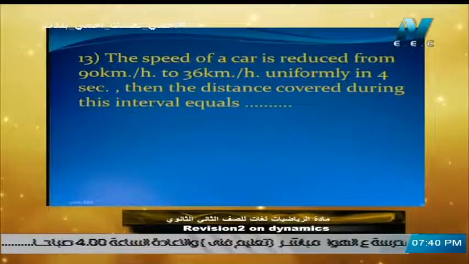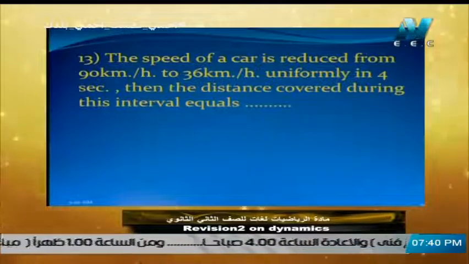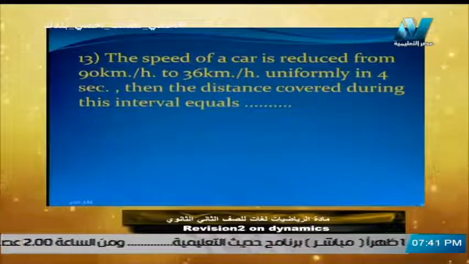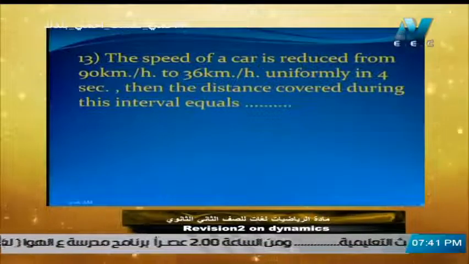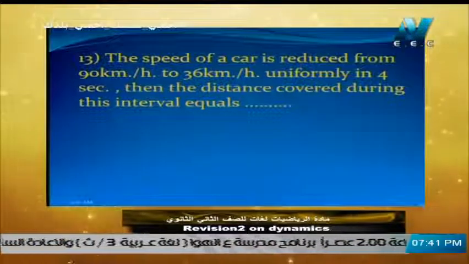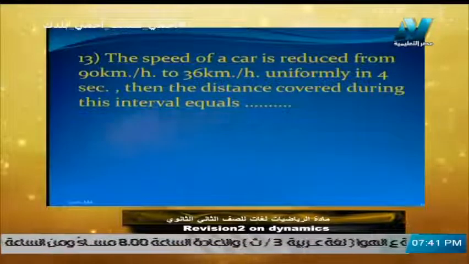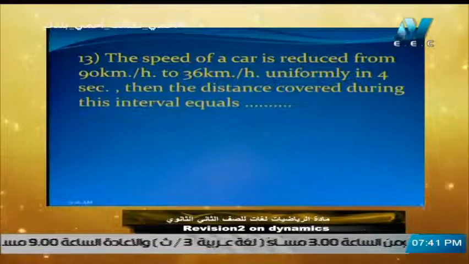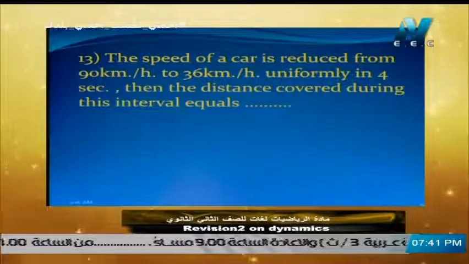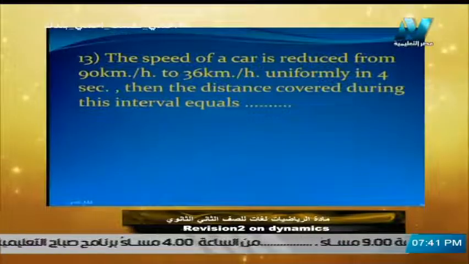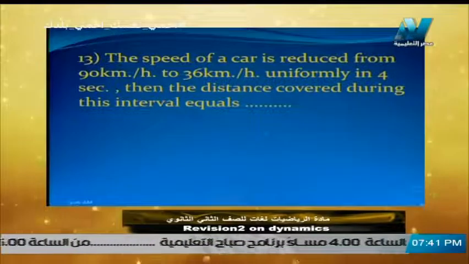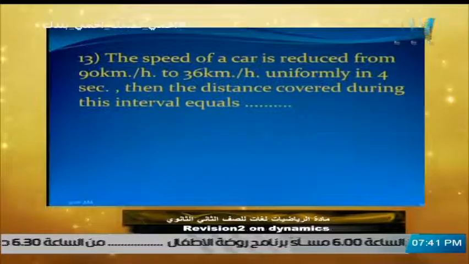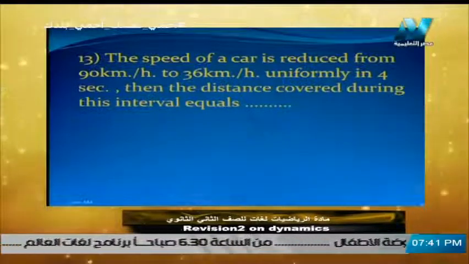The speed of a car is reduced from 90 kilometers per hour. That means V naught equals 90 kilometers per hour, and V equals 36 kilometers per hour uniformly in 4 seconds.